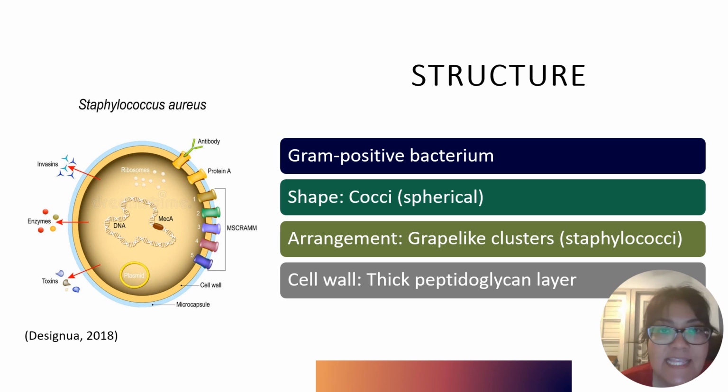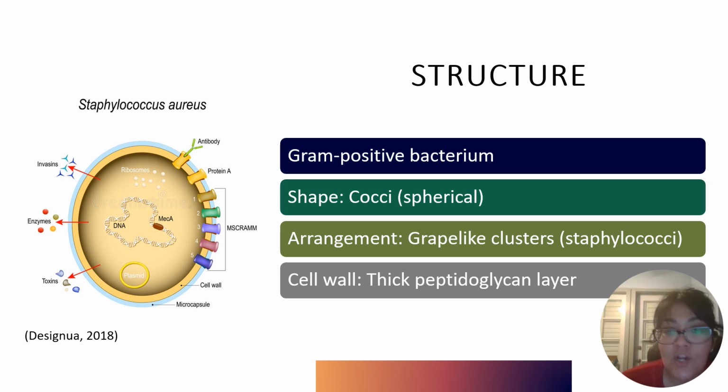In this next slide, we are going to see the structure of Staphylococcus. In this image, I want you to take note that we are still talking about that circular, coccus shape, and Staphylococcus is a gram-positive bacteria. In most cases, gram-positive bacteria tend to be less antibiotic resistant, which means they tend to be easily cured or treated.